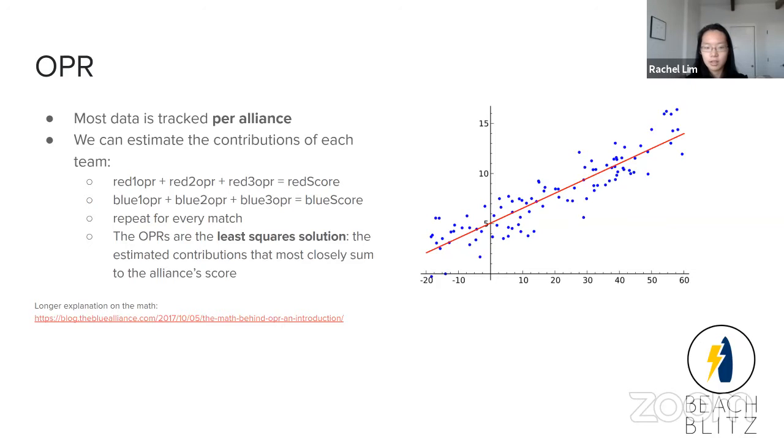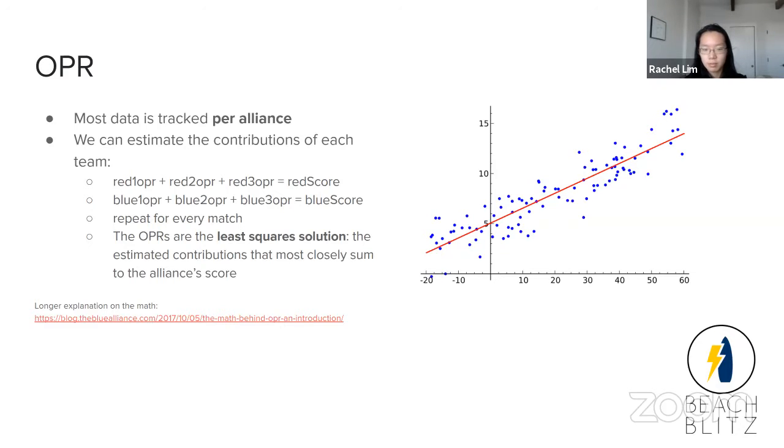But OPR is the least squares solution, which in simple words is the best fit line through all this data. It is the estimated contribution of each team such that the OPRs most closely sum to alliance scores for every match.